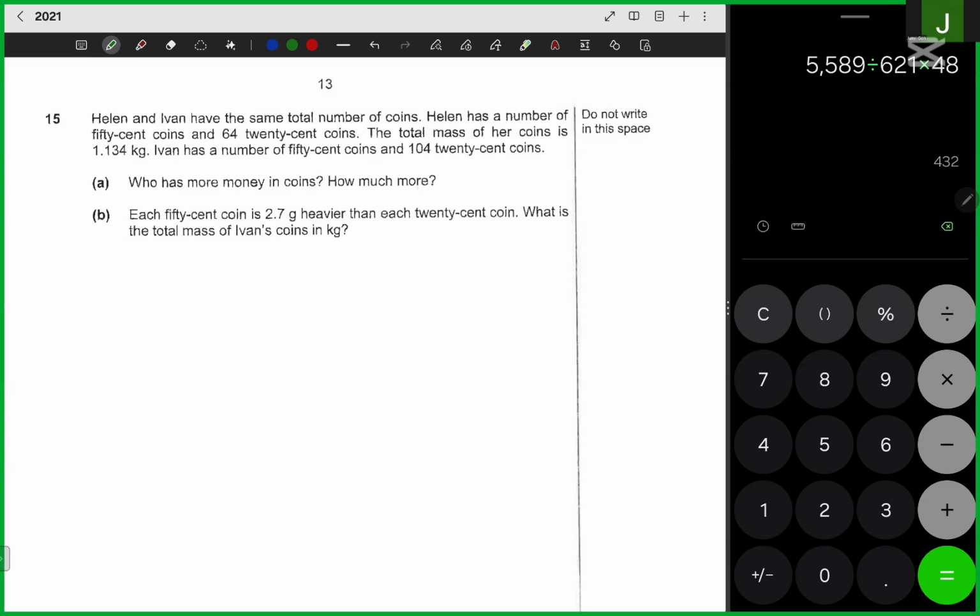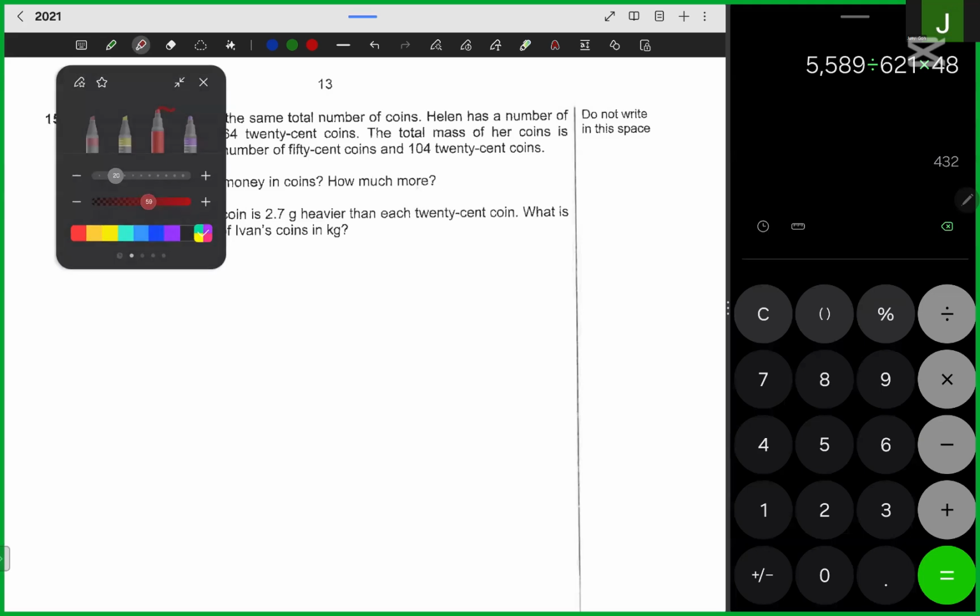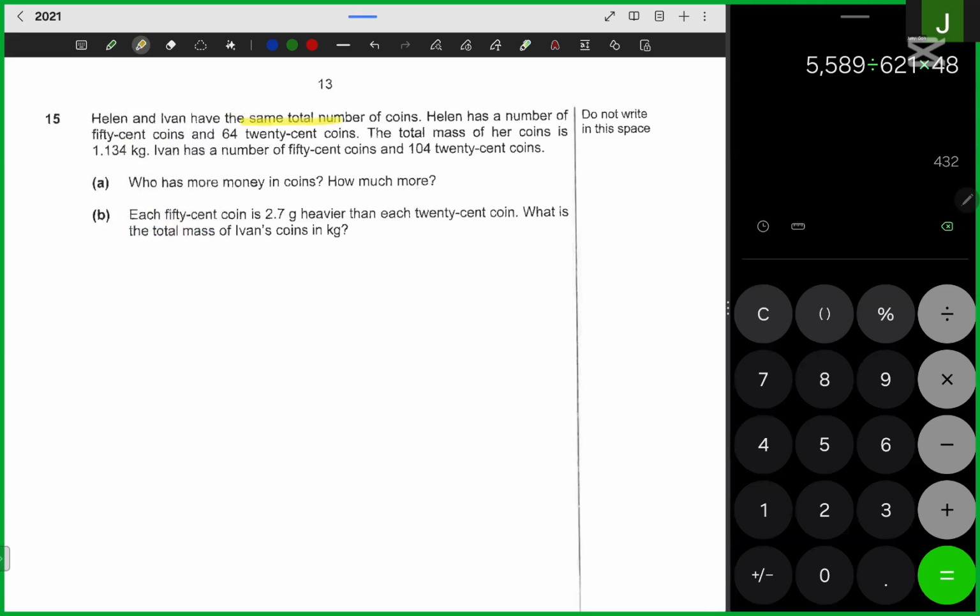How much more? So the key thing to understand is that they have the same number of coins. If Helen has 64 20-cent coins, the rest is 50-cent. Ivan has also a number of 50-cent coins and 104 20-cent coins. So we can see down here that Ivan has more 20-cent coins, which means that he will have fewer 50-cent coins.